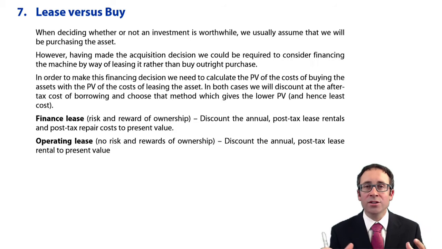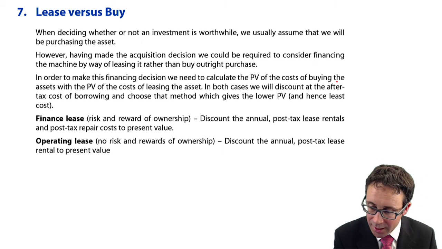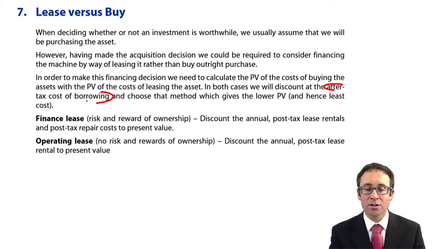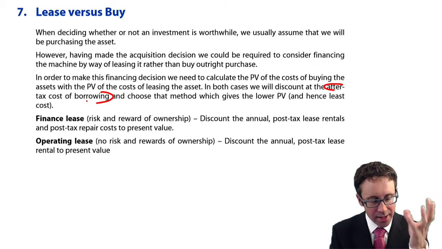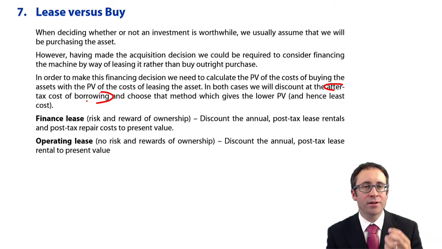Once we've got the cash flows, we then need to think about the discounting. Whenever we are doing the discounting, we are always discounting at the after-tax cost of borrowing. So look at the rate of interest that you have on your loans, the borrowing rate, and look at an after-tax rate.